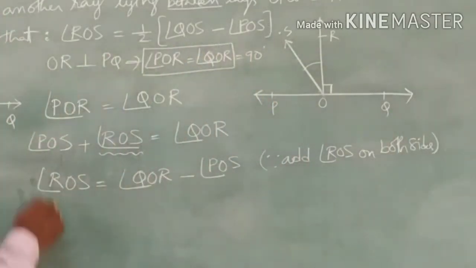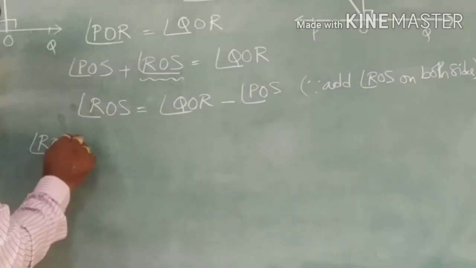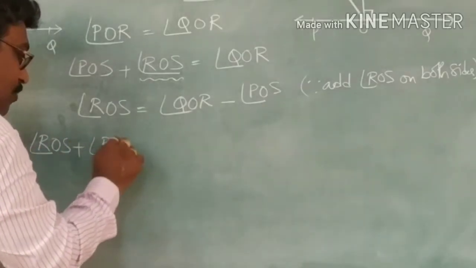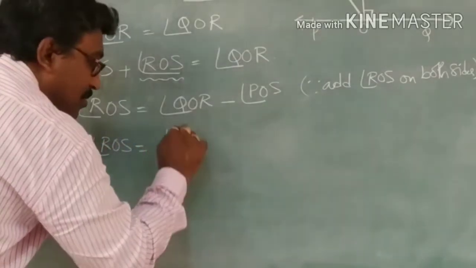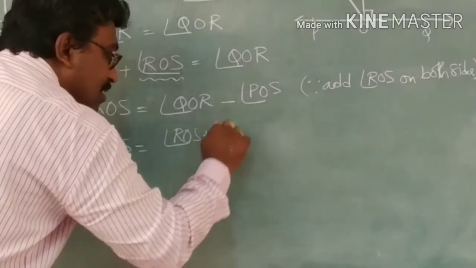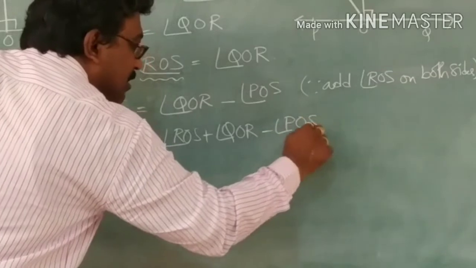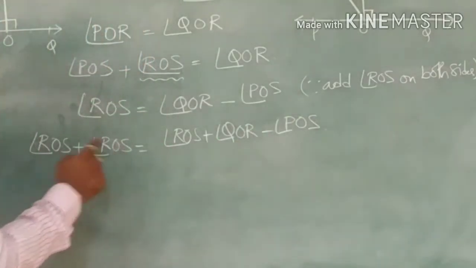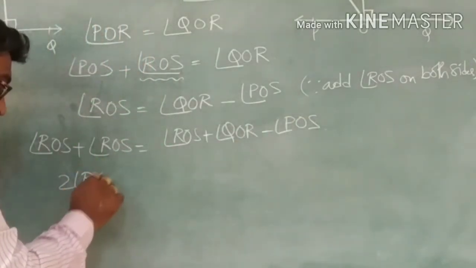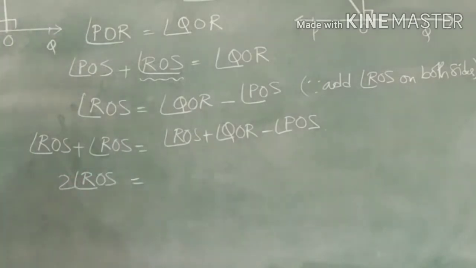What will happen? ROS plus ROS is equal to ROS plus QOR minus POS. ROS plus ROS, 2 times ROS.